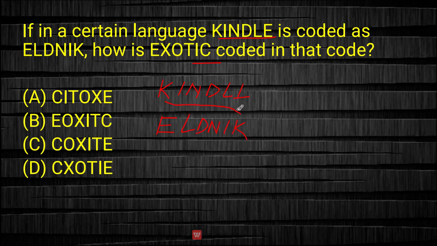You can see that these are actually written in reverse order, like K, then I, then N, then D, then L, then E. So in that way we also have to find the option for EXOTIC. So there should be the C first, then I, then T, then O, then X, then E. So what will be the answer? CITOXE. So A is the correct answer.